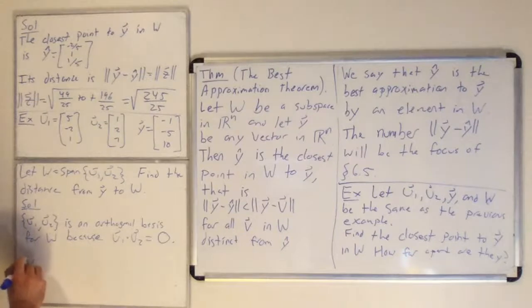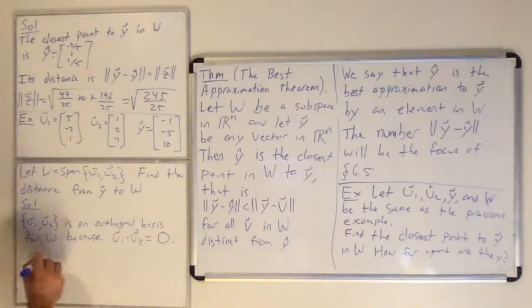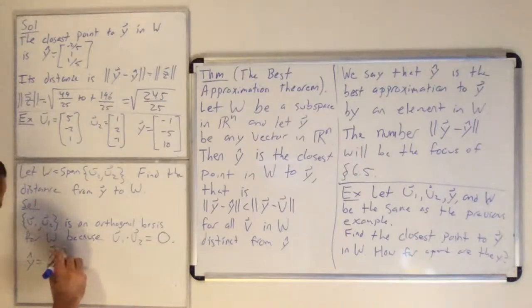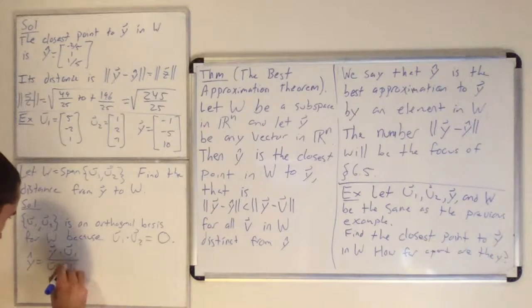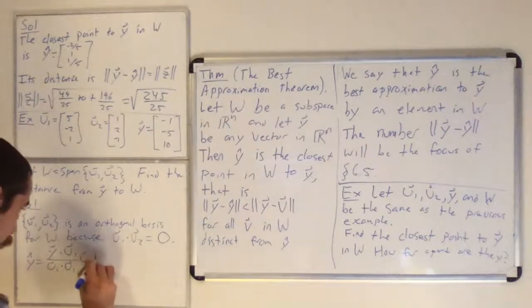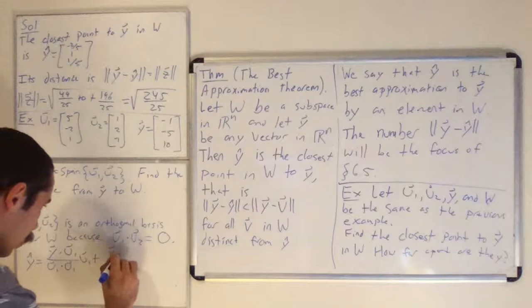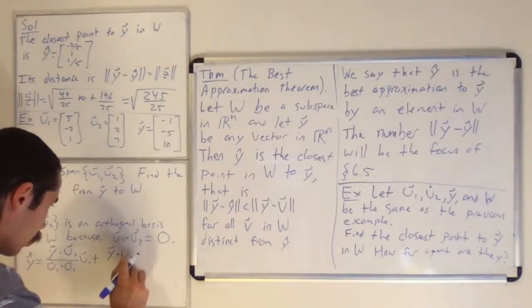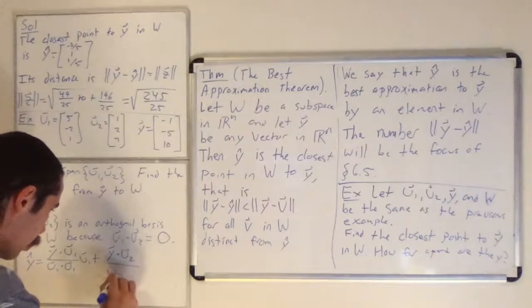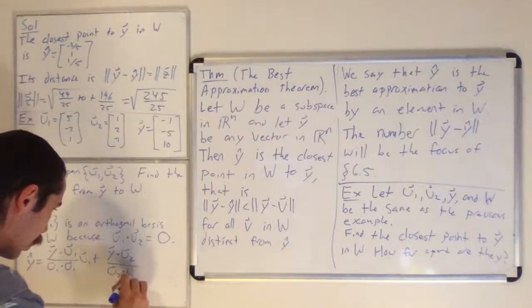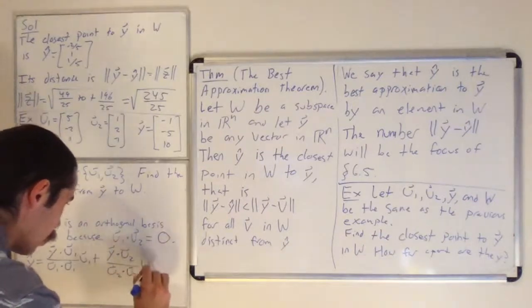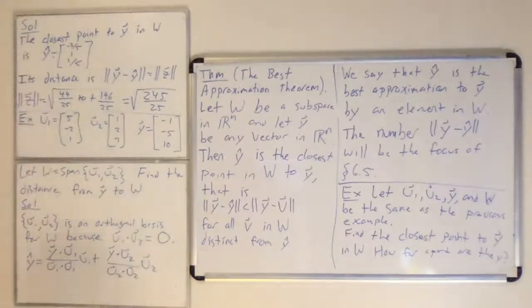Right, y hat is equal to y dot u1 over u1 dot u1 times u1, plus y dot u2 over u2 dot u2 times u2.